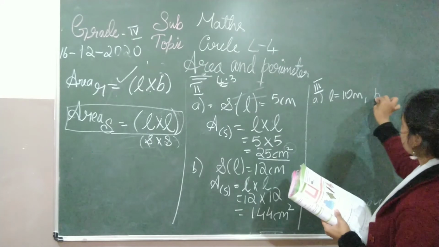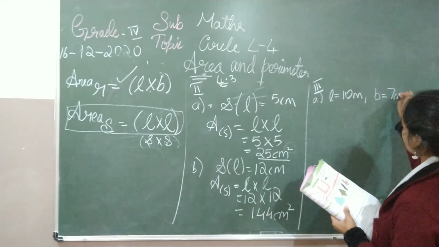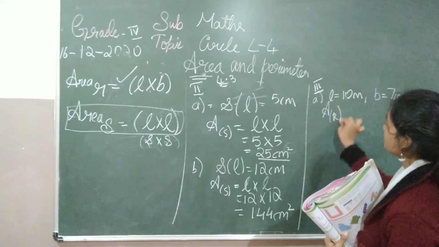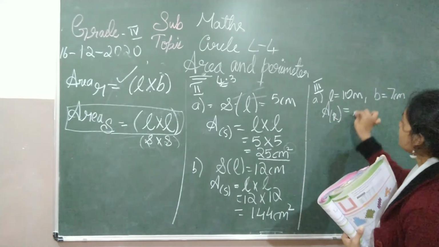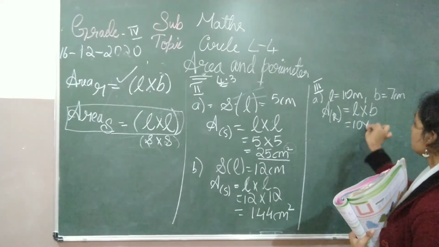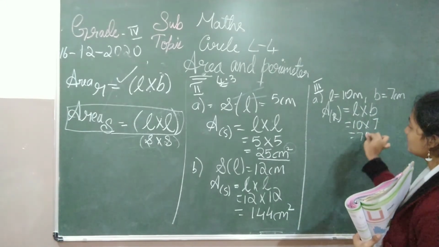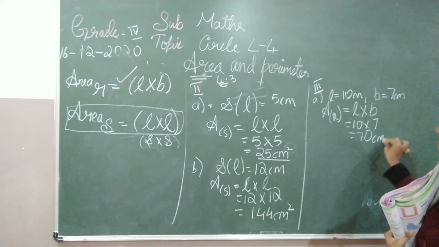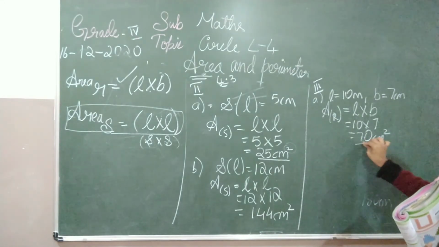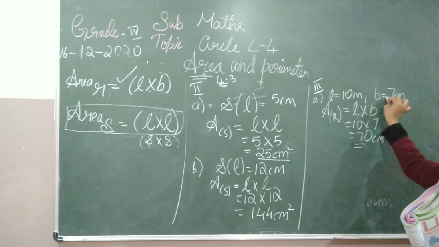And the smaller side is B. Breadth is equal to 7 centimeter. Now area of a rectangle is equal to L into B. That is 10 into 7. The answer is 70 centimeter square. Okay. We are multiplying length and the breadth.